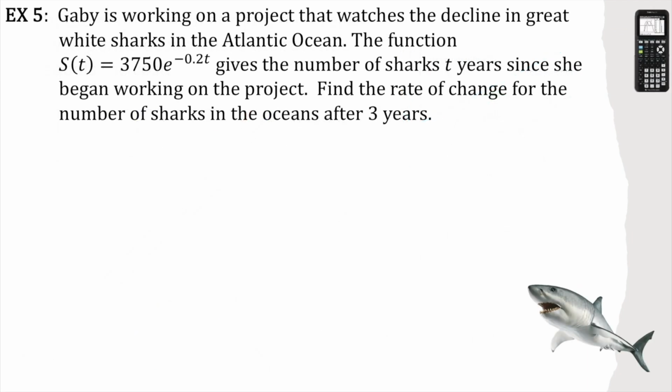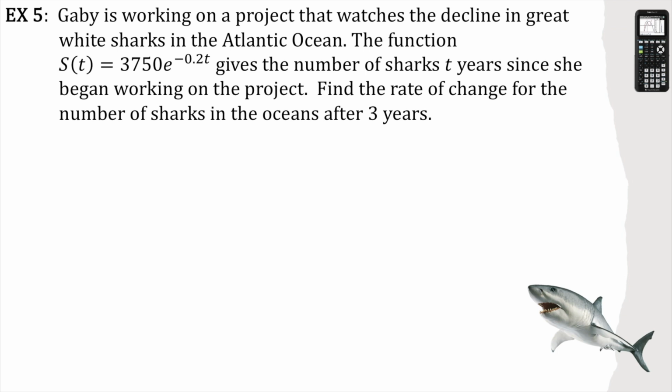Okay, away from business now, let's talk about sharks. Gabby is working on a project that watches the decline in great white sharks in the Atlantic Ocean. The function S of t equals 3750e to the negative 0.2t gives the number of sharks t years since she began working on the project. Find the rate of change for the number of sharks in the ocean after 3 years.